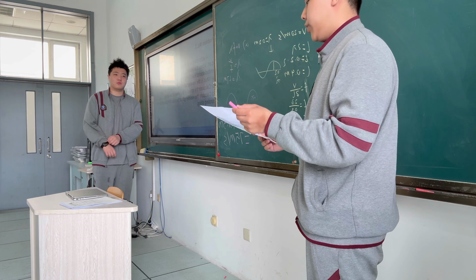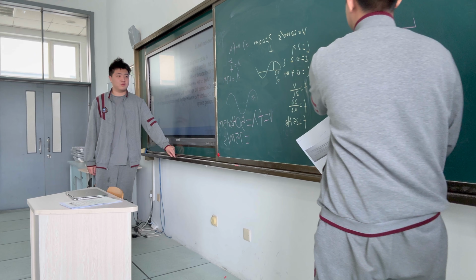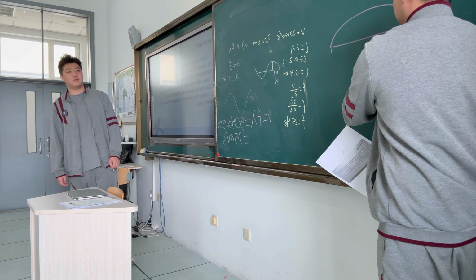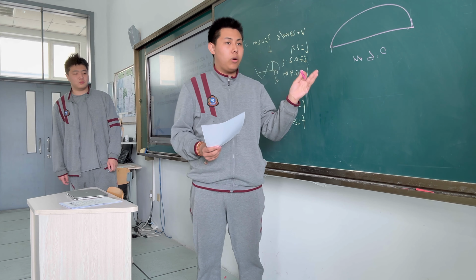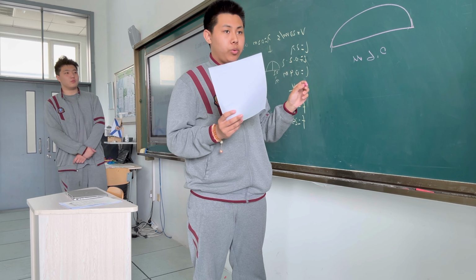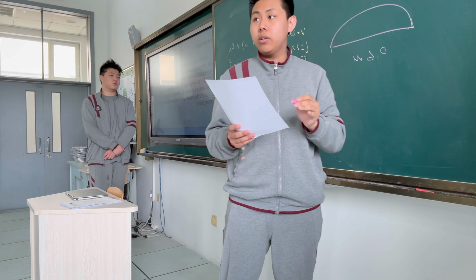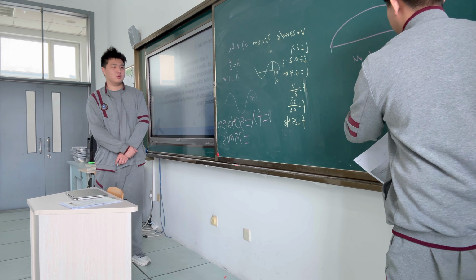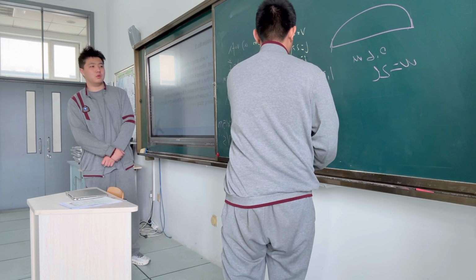According to the question, the distance is 0.6 meters, and that's not the whole wave. So when we want to get the wavelength, we should know the situation. At that time, it's the fundamental frequency, so the wavelength is 2 times this, which should be 1.2 meters.